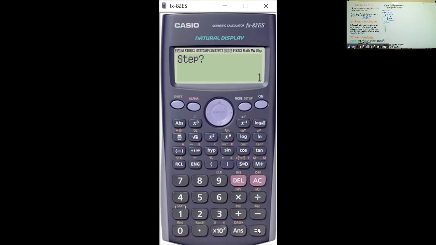When the calculator asks for step 1, that means the value of x will increase by 1. For example, -2, -1, 0, 1, 2, 3, 4, 5, 6, and so on. For this kind of calculation, leave the 1, okay? And push the equal button.